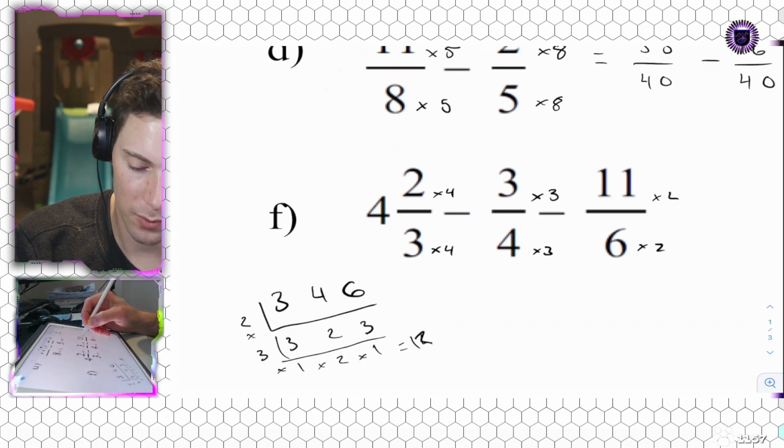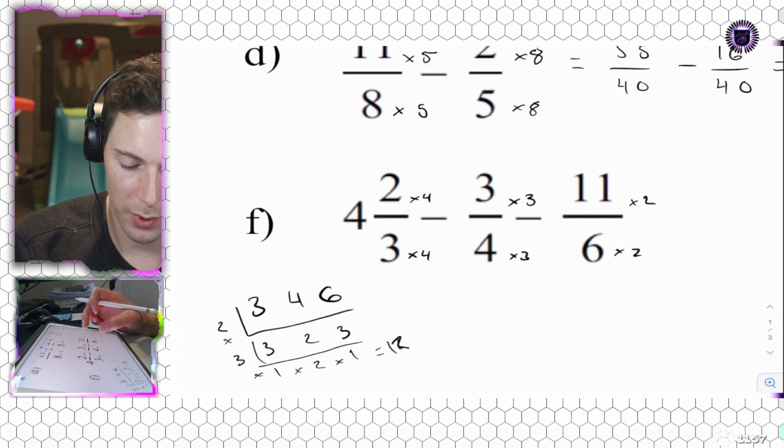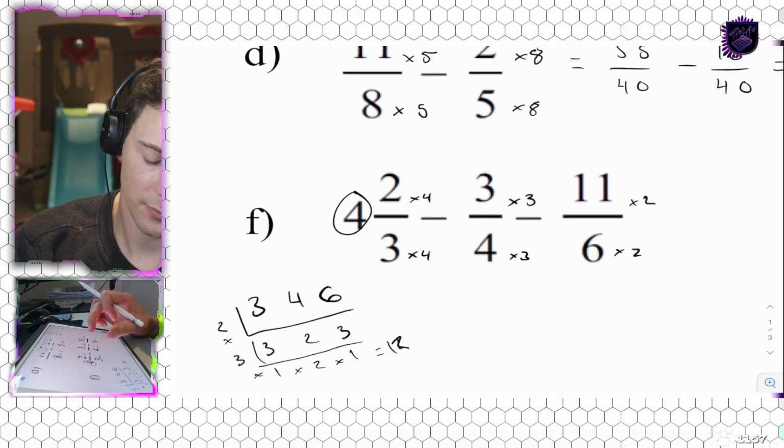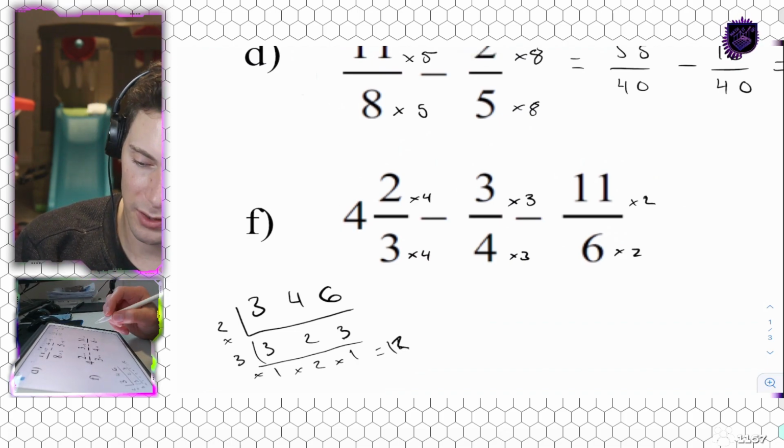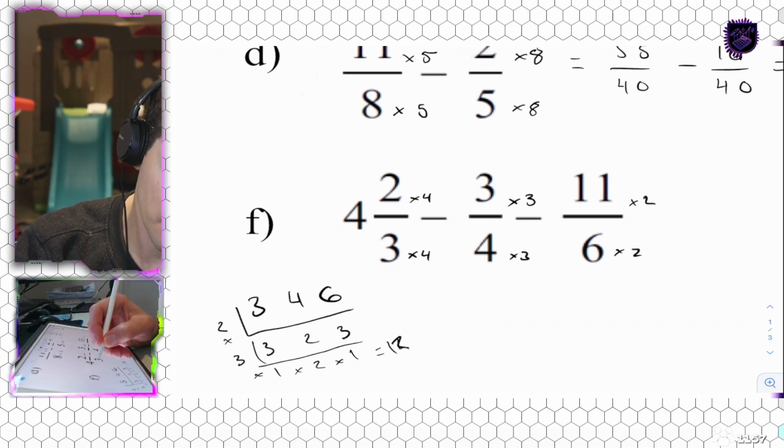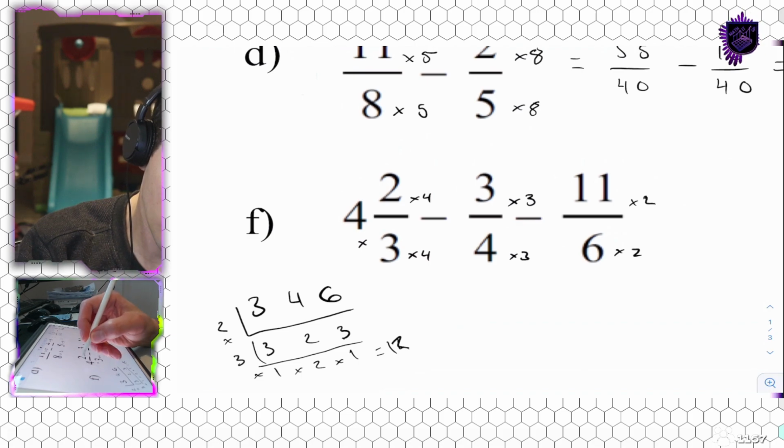The only one we really need to deal with is this one here, because it has a mixed number. Let's turn it into an improper fraction. We're going to multiply 3 times 4, which is 12, and then add the 2, 14.